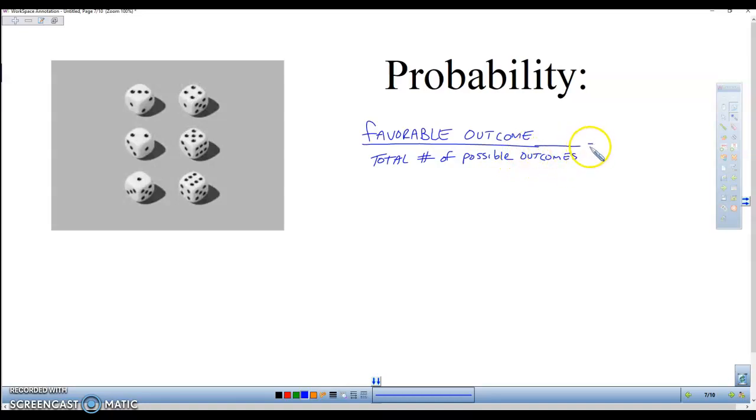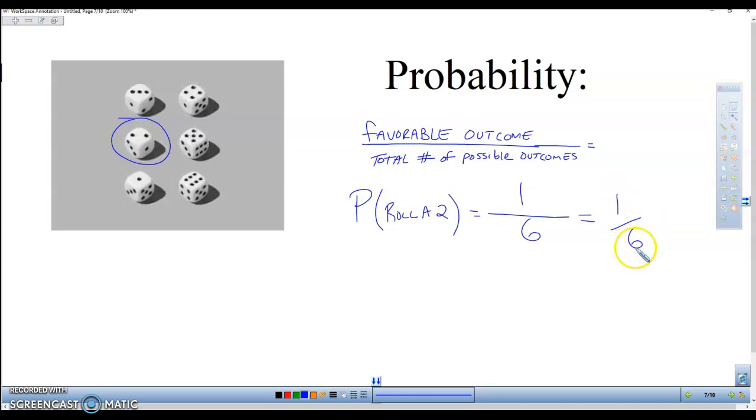So if I wanted to know the probability I'd roll a 2, there is one favorable outcome on that die. There's only one way to roll a 2 out of 6 total outcomes, which gives me a probability of 1/6.